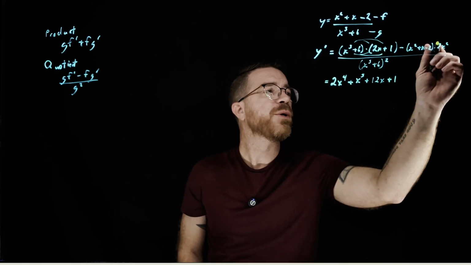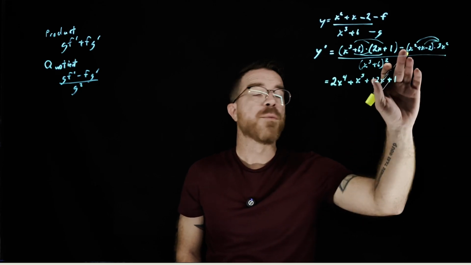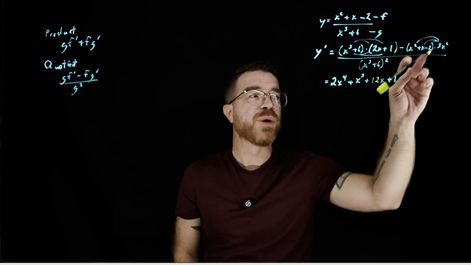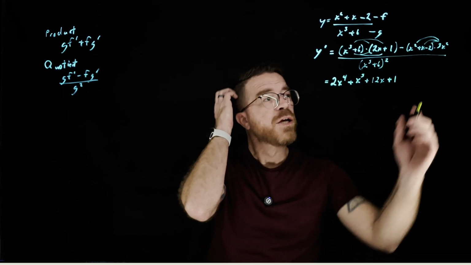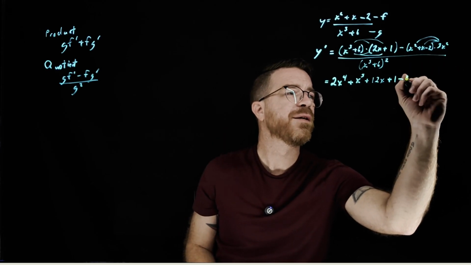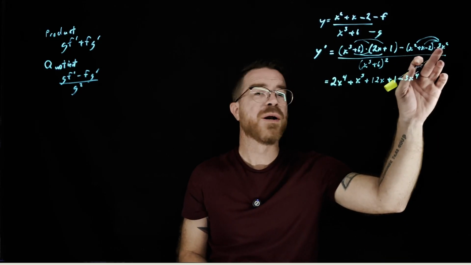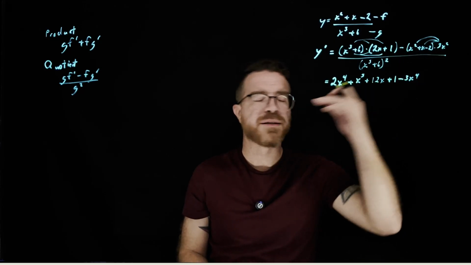And then I'm also going to distribute this 3x squared into each of these, remembering that I'm subtracting this. So whatever I get, I'm going to flip the sign. So 3x squared times x squared is going to be minus 3x to the 4th power, right? Because it's 3x to the 4th power, positive, but then the minus makes it negative.